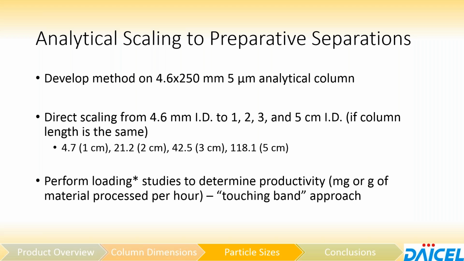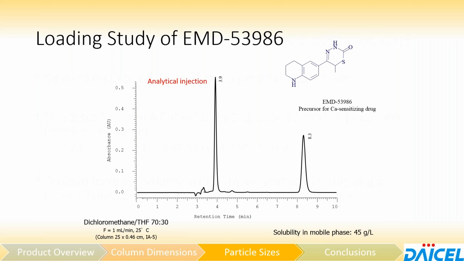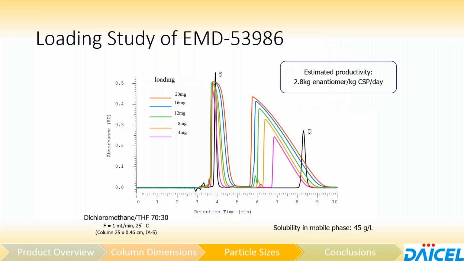And so if we do what is called the touching band approach, we would perform an analytical injection such as this for this precursor of a calcium sensitizing drug. Very nice looking analytical injection. We would begin increasing the injection volume and we would achieve something that looks something like this, where in red is the most concentrated or the highest volume injection that we're making.